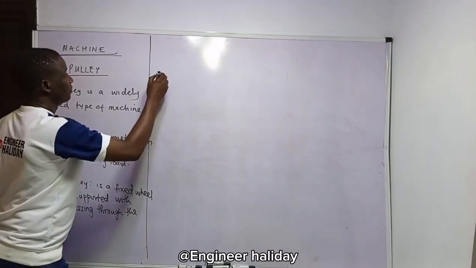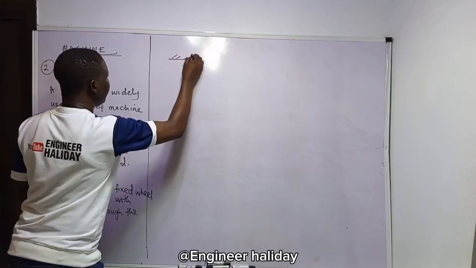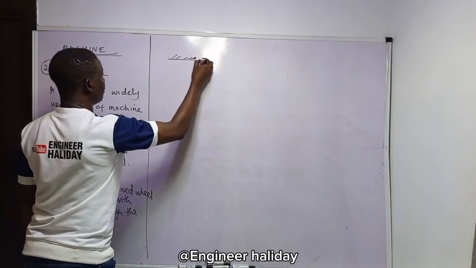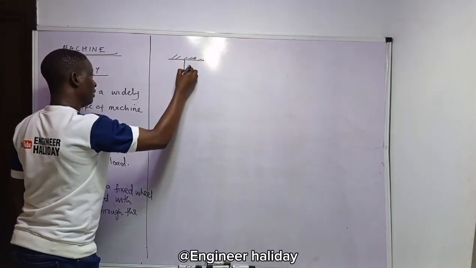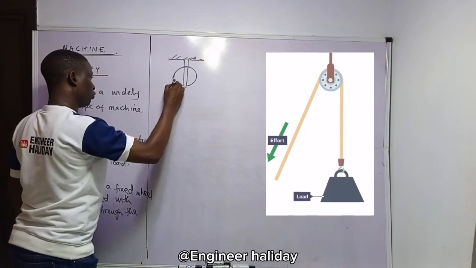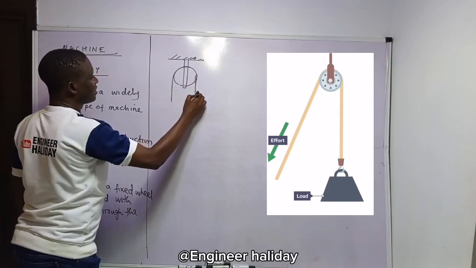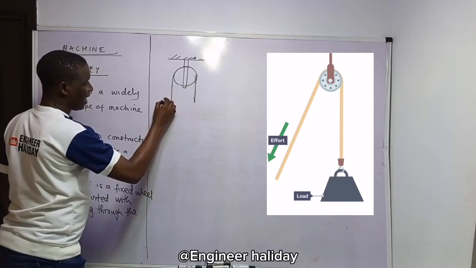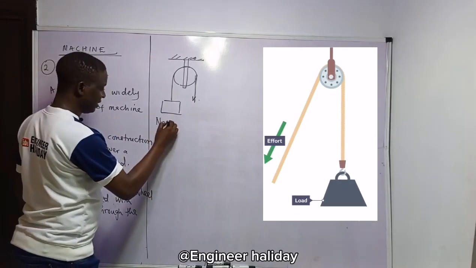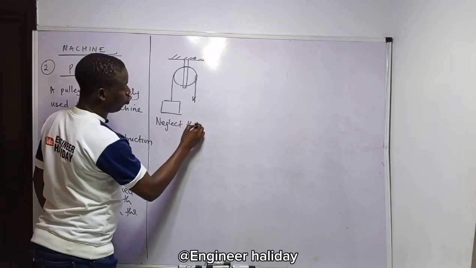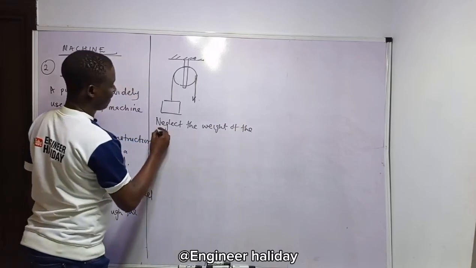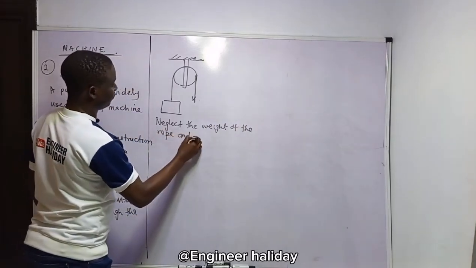Let's say we have a pulley like this, and we pass a rope over it. In this pulley, we have a load here and we have effort. Let us neglect the weight of the rope and friction.